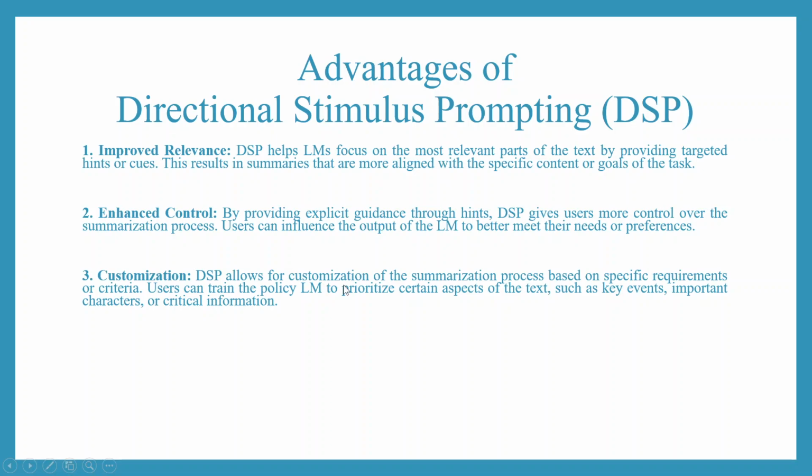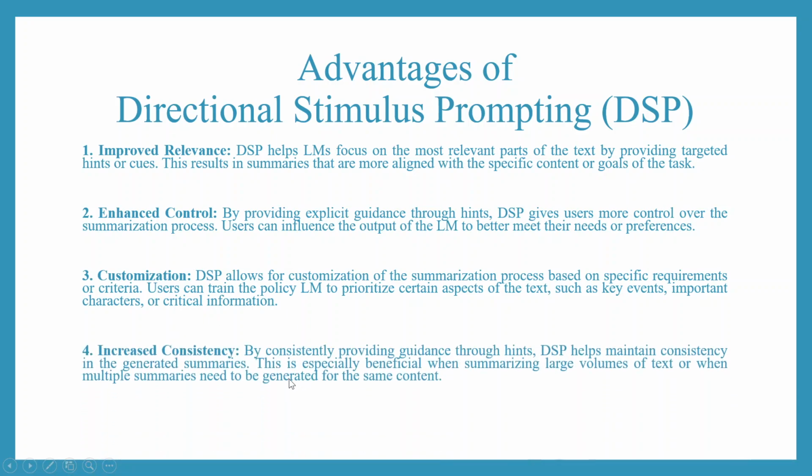DSP allows for customization of the summarization process based on specific requirements or criteria. Users can train the policy language models to prioritize certain aspects of the text, such as key events, important characters, or critical information. By consistently providing guidance through hints, DSP helps maintain consistency in the generated summaries. This is especially beneficial when summarizing large volumes of text or when multiple summaries need to be generated for the same content.